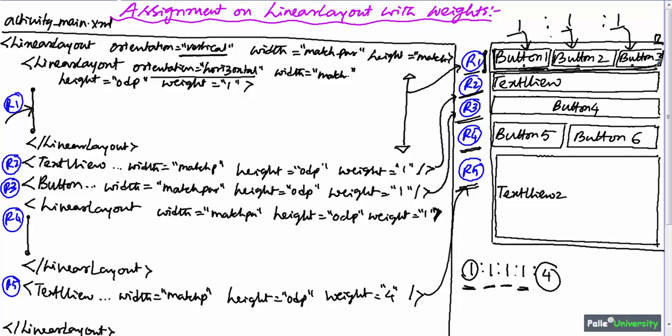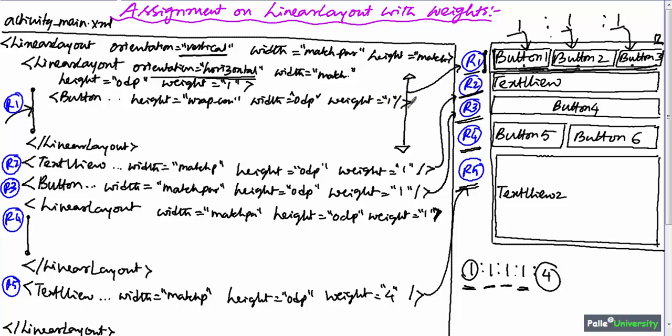Now, in the first row, we have 3 buttons. Let me take a button with some ID, with some text, button 1. For height, either you can give wrap content or match parent, it's up to you. Since we want to apply weights, and since this button is in the horizontal linear layout, first I have to make width 0 dp and then I have to apply weight equal to 1.